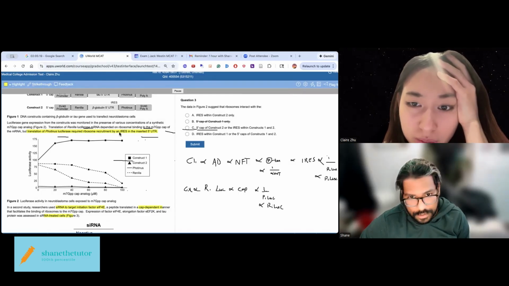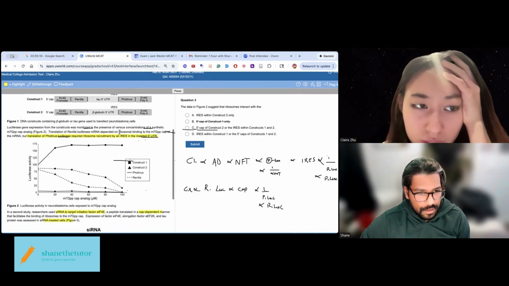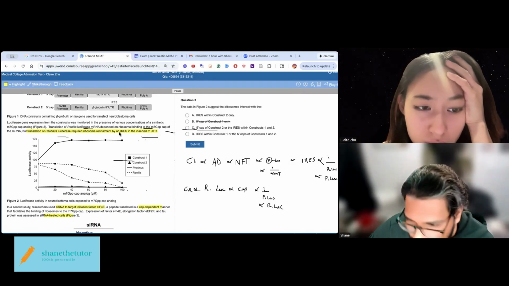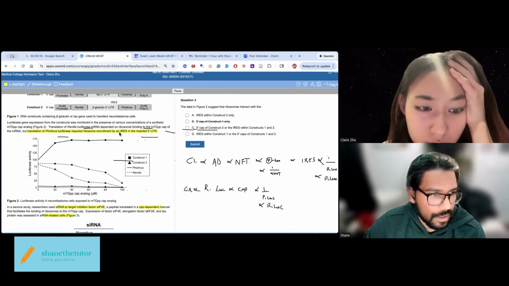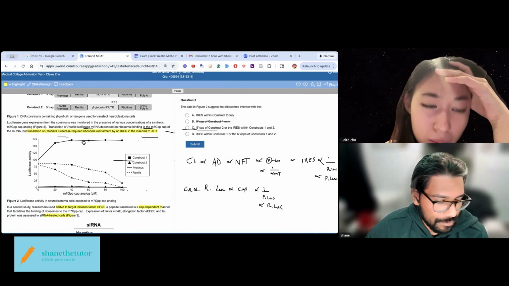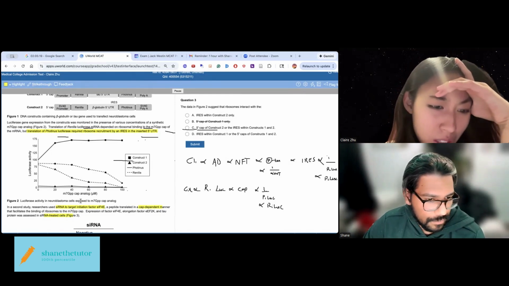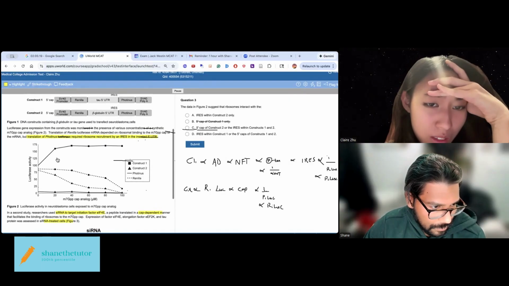Oh, well, I think construct 1 was the one that, wait, sorry. Construct 1 was, oh wait, the thing construct one has didn't need the cap. But I guess I'm getting confused because it seems like with a lot more of the cap, there's more luciferase activity.